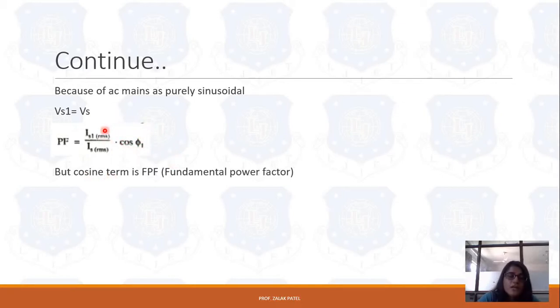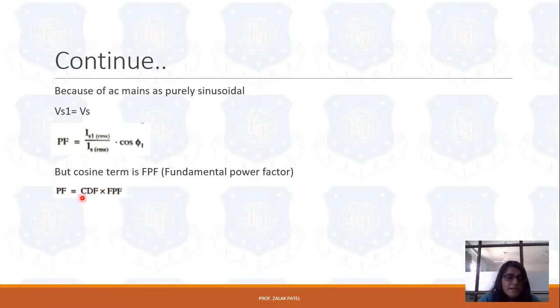If you remember the previous slides, then cos phi is denoted as FPF, and the CDF equation is again the RMS value of the fundamental component divided by the supply current value. So this IS1 upon IS RMS is nothing but CDF, and this cos phi is nothing but the fundamental power factor. So that means PF is nothing but the multiplication of CDF and FPF.